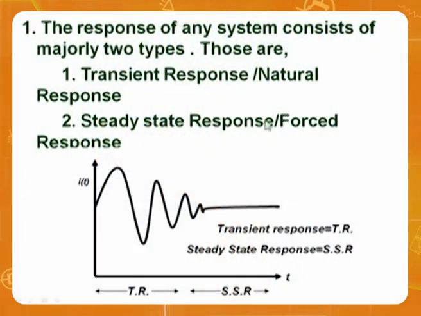Somebody excited by somebody, that is called forced. So every system or circuit has a natural response and a forced response. Natural means without input, that is transient. This is forced, steady state. This is how I am slowly explaining the main difference between steady state and transient.